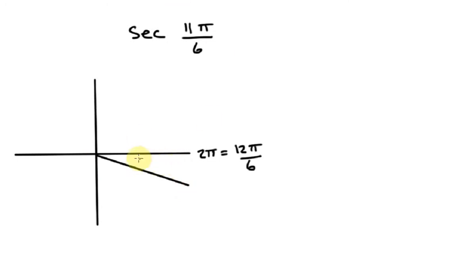So what does that make my reference angle over here? Well, what's the difference between 11/6 pi and 12/6? I'd have to go with it's 1/6 shy. Okay, that's my reference angle, and this is my special triangle.